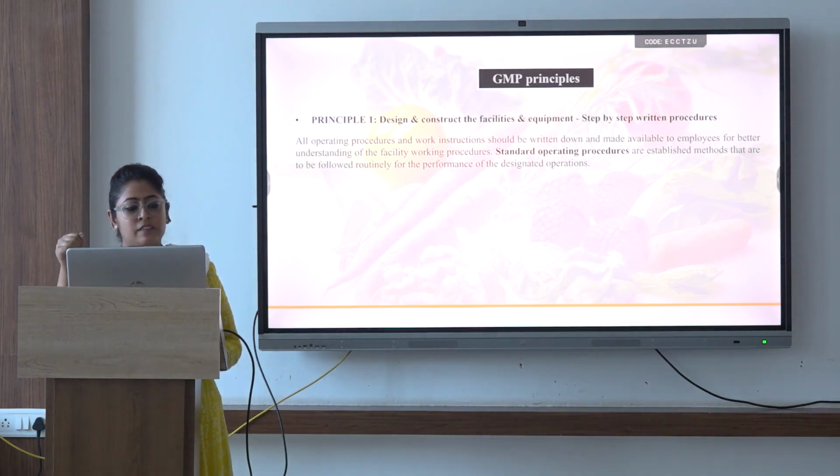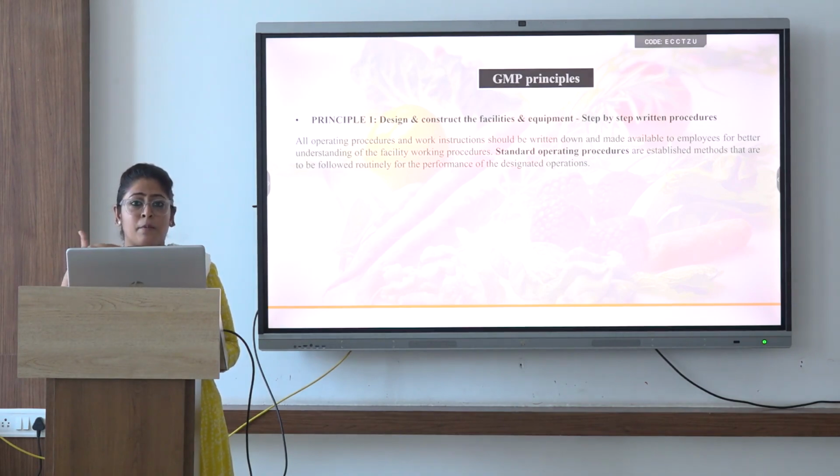To start with, the first principle is about designing and constructing the facilities and equipment in a step-by-step manner with written procedures. That means it is about writing or giving instructions in written format: what to do, how to do, when to do. So all operating procedures and work instructions should be written down and made available to all the employees for better understanding of the facility working procedures.